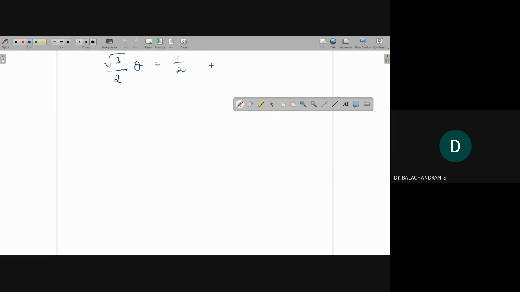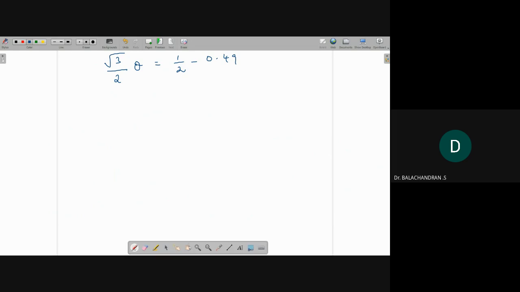Minus 0.49, which is equal to 0.01 on the right hand side. So now theta equals, if I multiply by 2, 0.02 divided by root 3. Use a calculator and tell the answer.